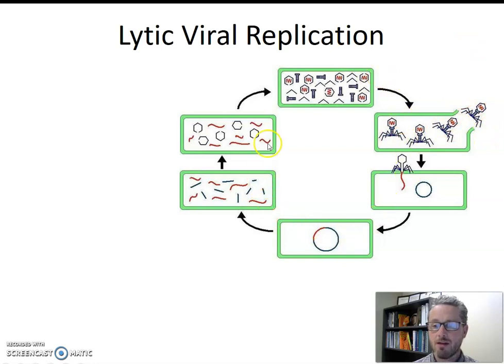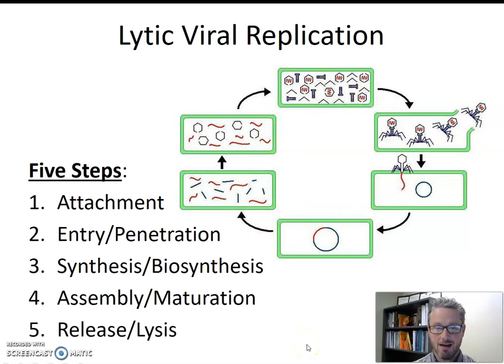So we've learned about the viral lytic life cycle in the past. Again, it has these 5 steps: attachment, where the virus sticks to the host cell; entry, where the genetic material is introduced to the inside of the host cell; synthesis, when viral pieces are manufactured by the host cell; assembly, when the viral particles are put together inside the host cell; and finally release, when the new viruses are released into the environment.